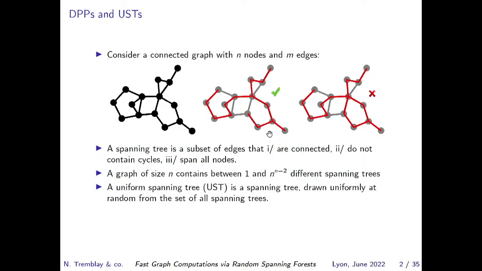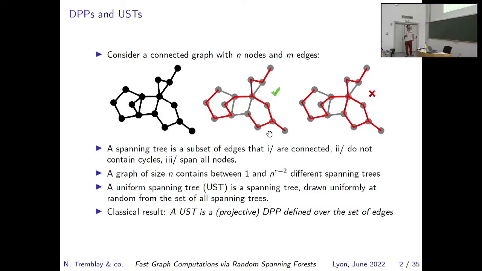Given this huge collection of spanning trees, a very popular object is a uniform spanning tree, which is just drawing one spanning tree uniformly out of all the possible ones. And the classical result, and this is the connection with this workshop, is that a UST is a projective DPP defined over the set of edges.